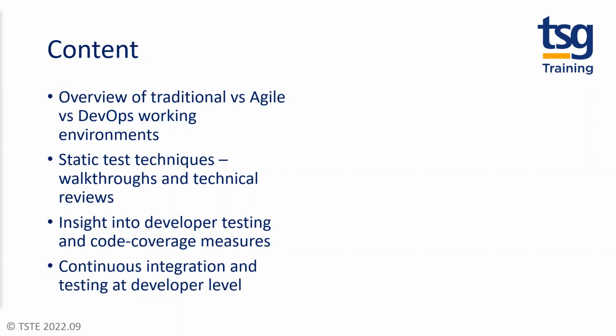And we'll begin with those techniques that can be applied at the start of the development project, on the requirements and on the user stories. And we'll continue with those that can be applied while the developer's writing the code, so that the code quality can be improved when it's most cost effective to do so.